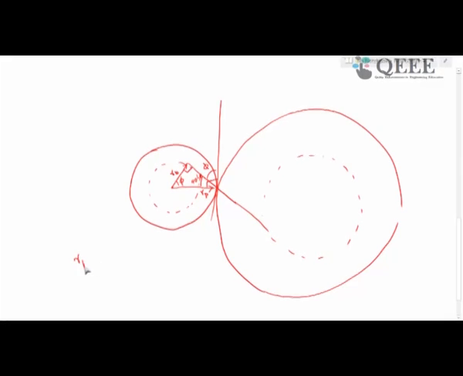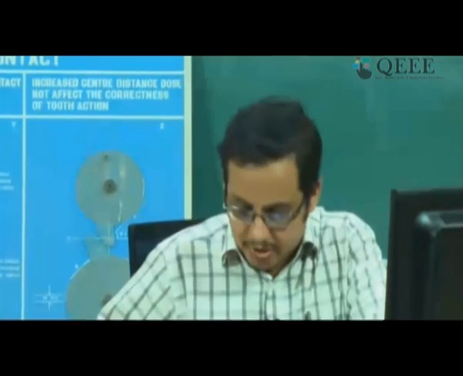From this geometry it is clear that RB equals RP times cosine of phi, right? It is just from elementary geometry that you get this relation. That is also proved here, but the drawing looked a little bit cluttered, which is why I had redone it.